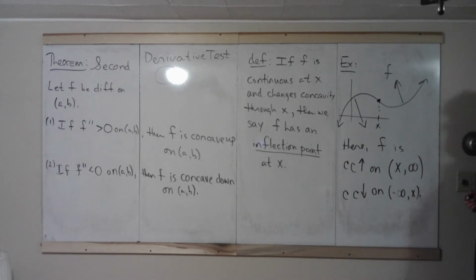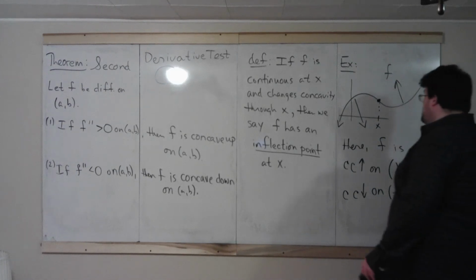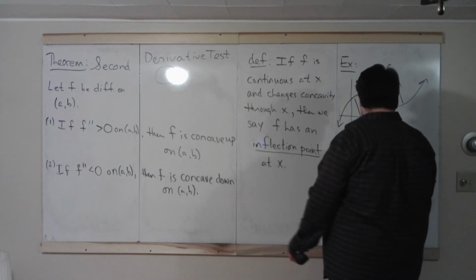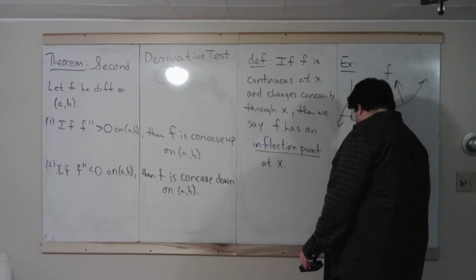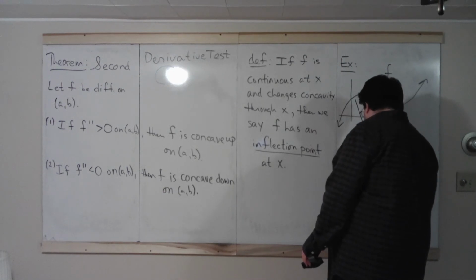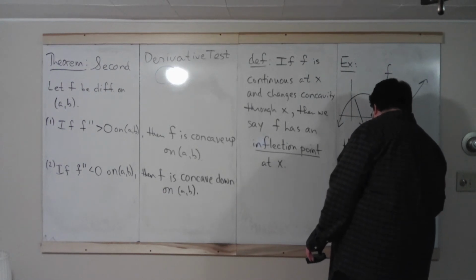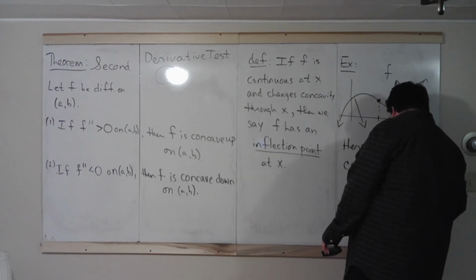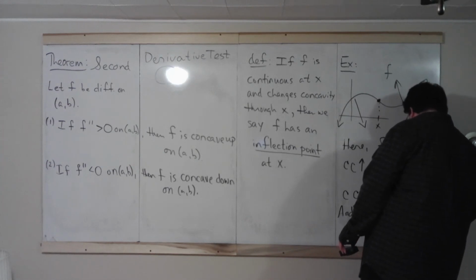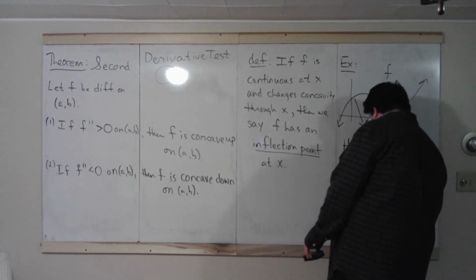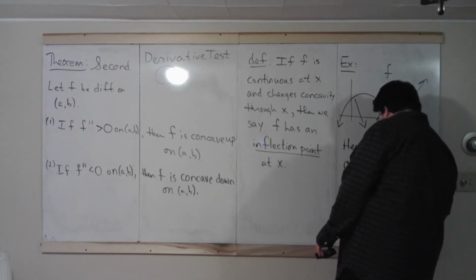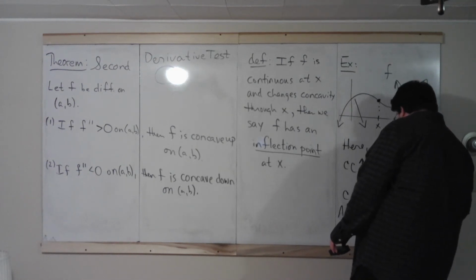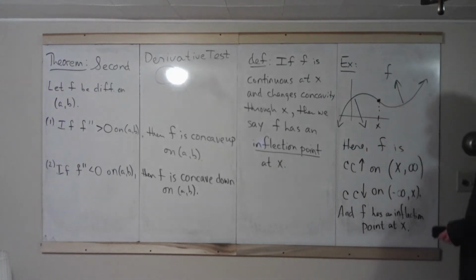But also, notice the concavity is changing at x. So f here has an inflection point at x. So I'll just say f has an inflection point at x, because that concavity changes.